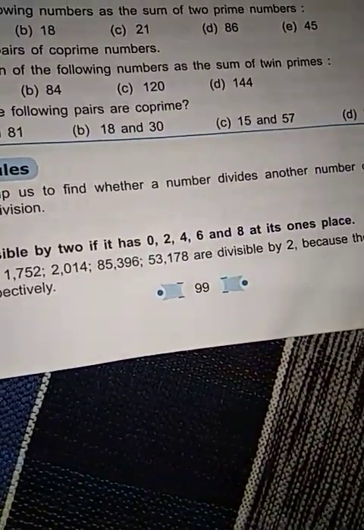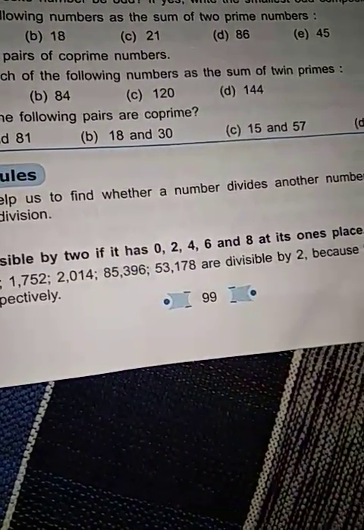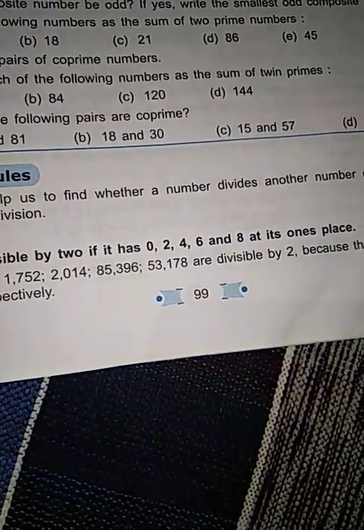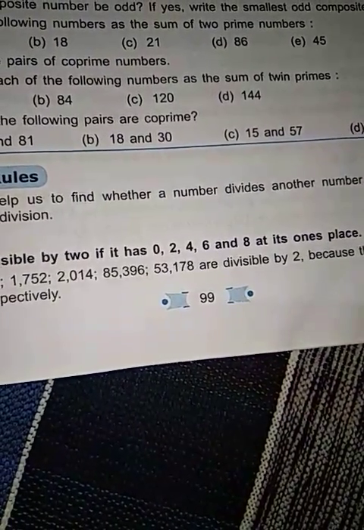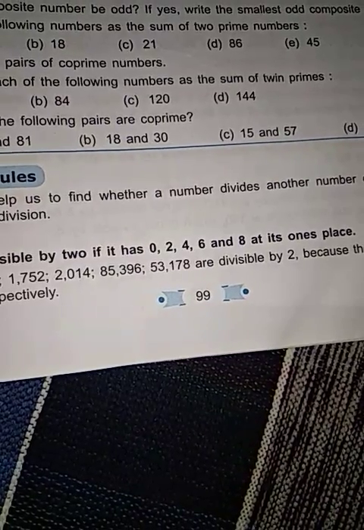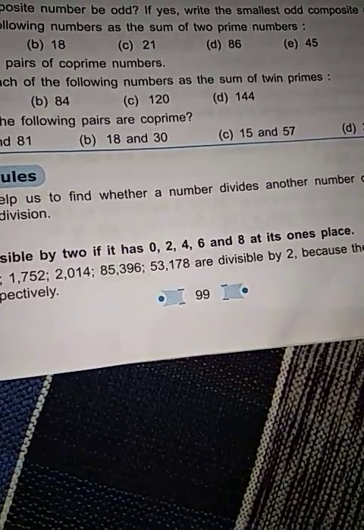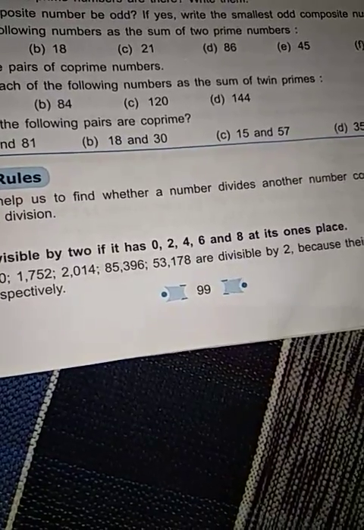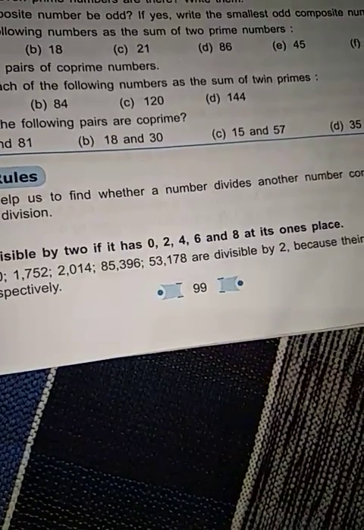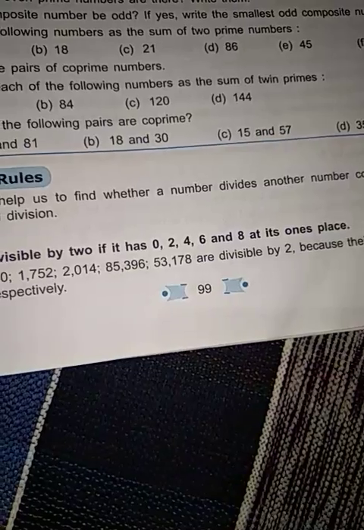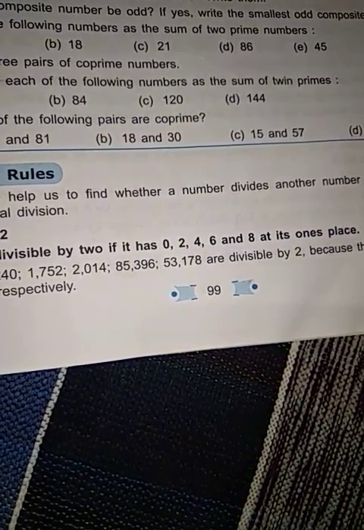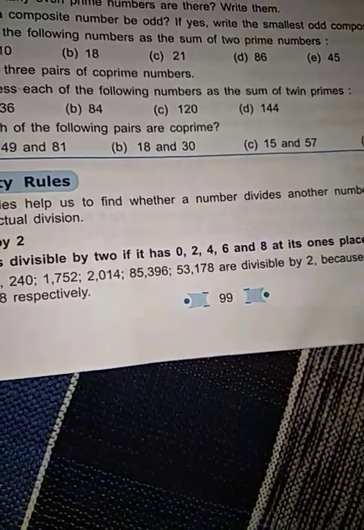So a number is divisible by 2 if its unit place digit is either 0, 2, 4, 6 or 8. If the number contains 0, 2, 4, 6 or 8 at its unit place, then the number is divisible by 2.